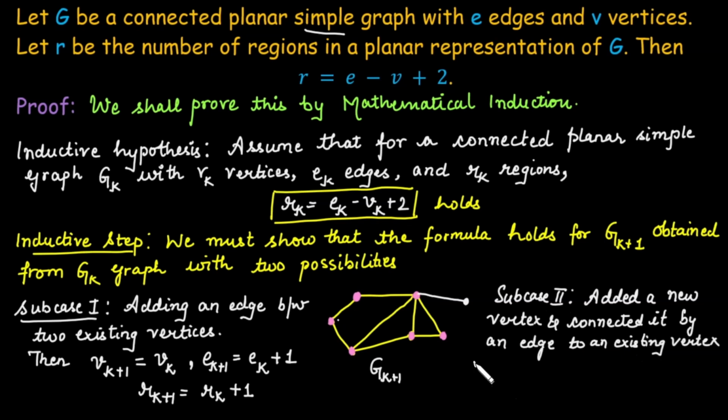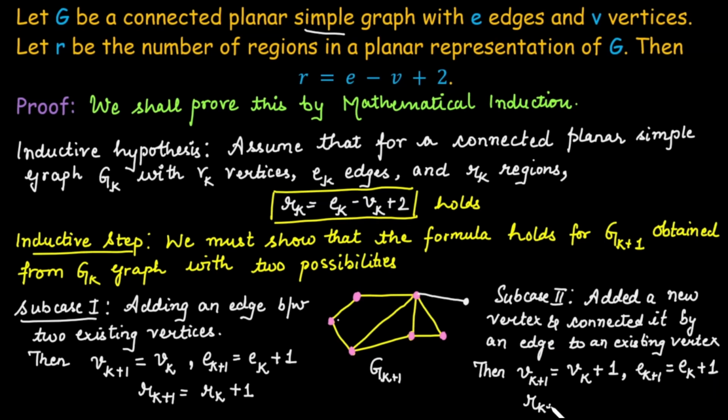With this, what is the change in a graph we have? The number of vertices in a new graph is increased by 1. So we have the number of vertices in a previous graph plus 1. Number of edges is also increased by 1. So previous edges count plus 1.